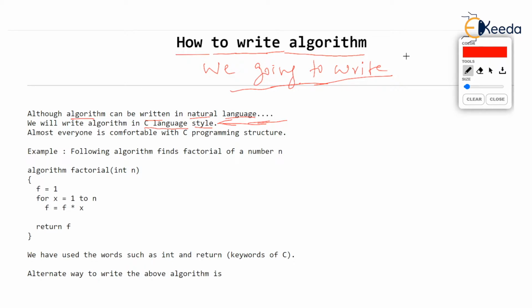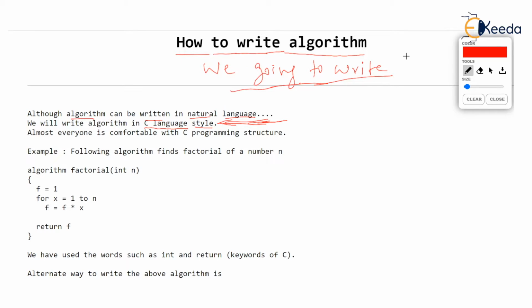I hope most of you will like it, because when I talk to so many students, they say, sir, nowadays after learning 4 years of engineering and writing so many programs, we are more comfortable reading C language rather than English language. It sounds funny, but it's the truth. So we are very comfortable with C language, and it's good that we write our algorithms in C style.